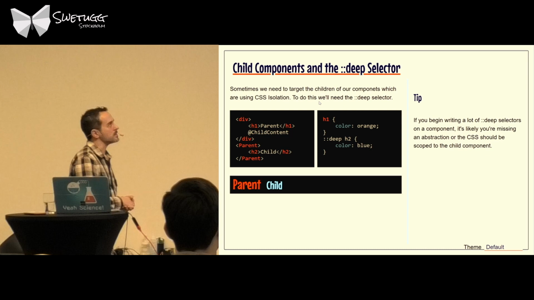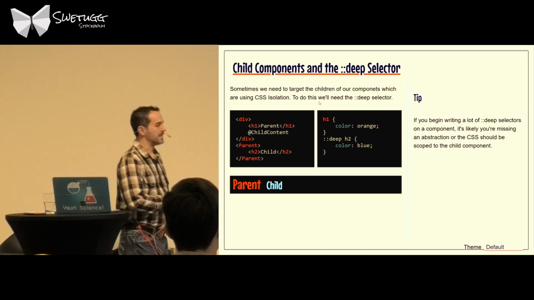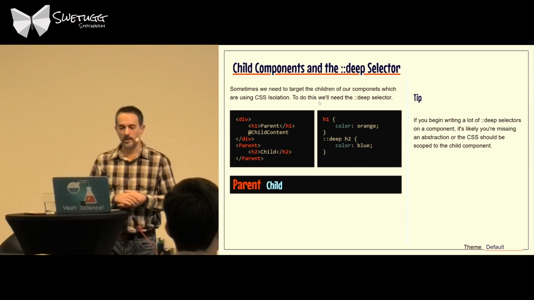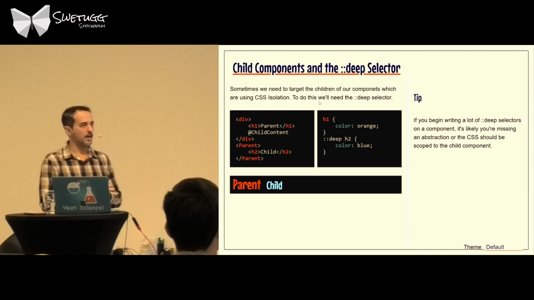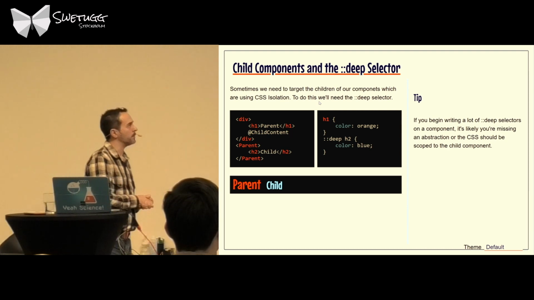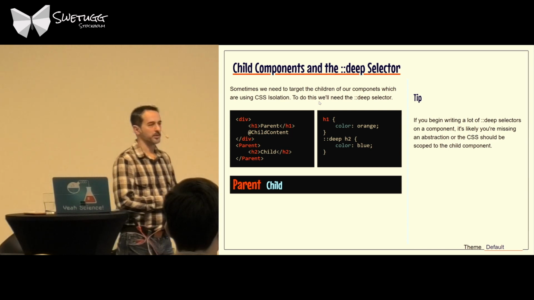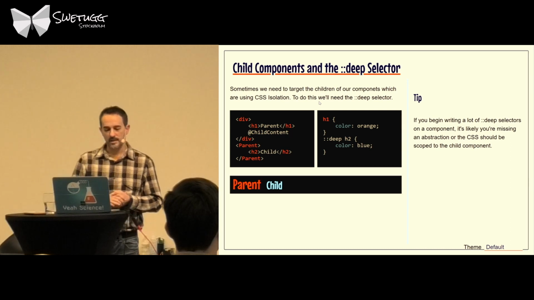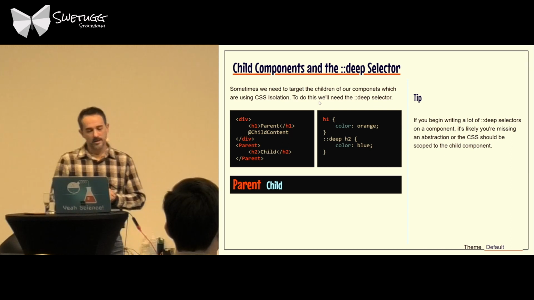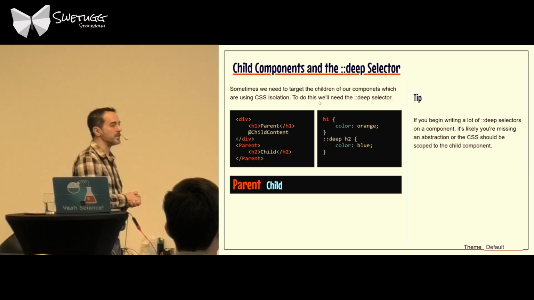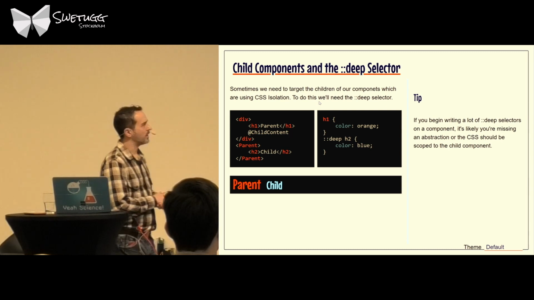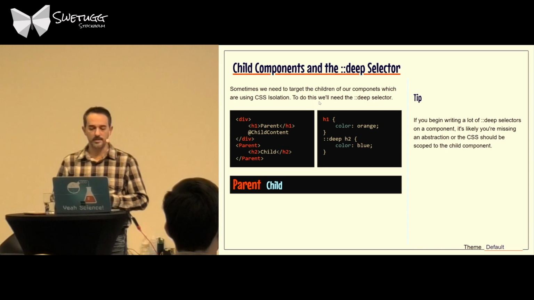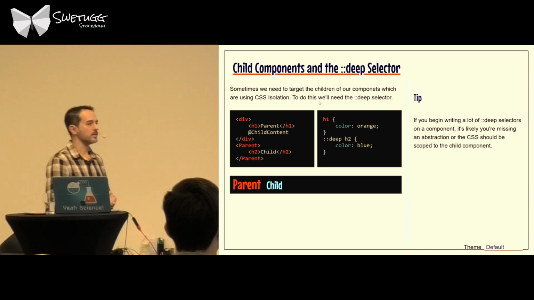There's also a feature in CSS Isolation called the deep selector. So this is something that we use when we need to kind of escape out of the isolation to style children that are under the parent of that component. So if I have, for example, a component that has a child content region to it, and I want to enforce a style on anything that's rendered in that child content region, I would do that with this deep selector.